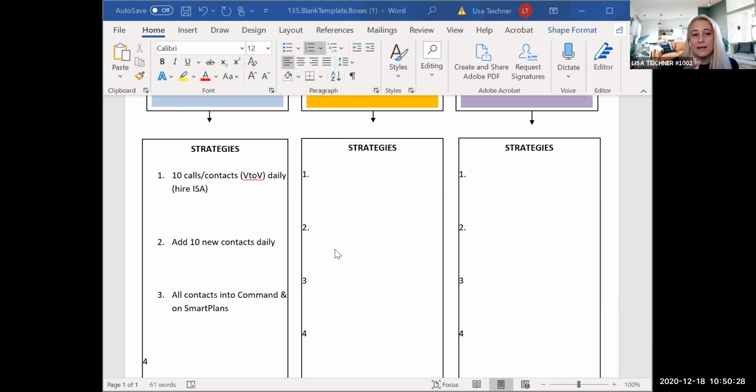I think if you look at your sphere of influence and database and you did 10 contacts voice to voice every day, or 20 with an ISA, and you added 10 new contacts daily, and all of those contacts were added to Command and put on a smart plan, guess what's going to happen?